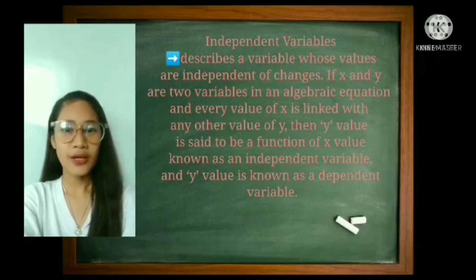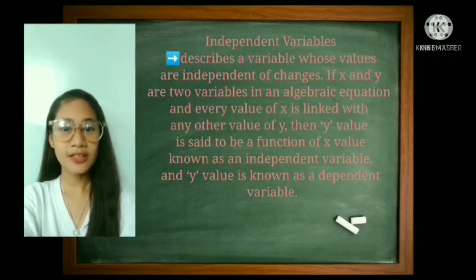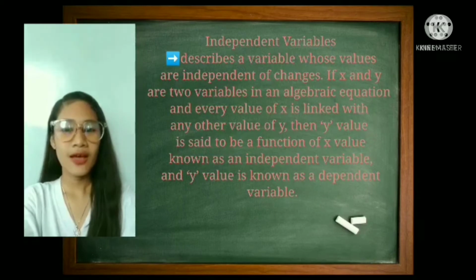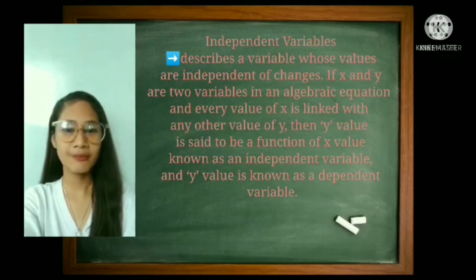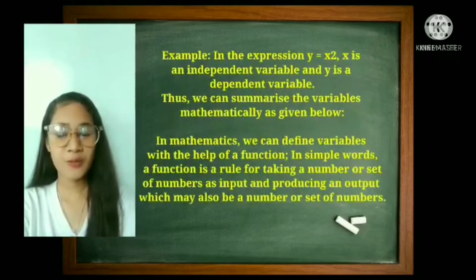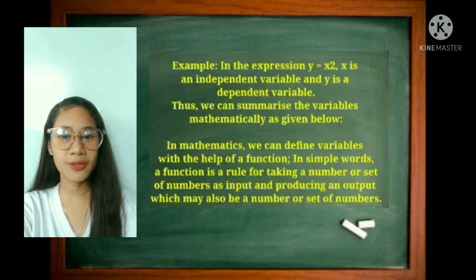If x and y are two variables in an algebraic equation, and every value of x is linked with a value of y, then the y value is said to be a function of the x value, known as the independent variable, and the y value is known as the dependent variable. Example, in the expression y equals x squared, x is an independent variable.